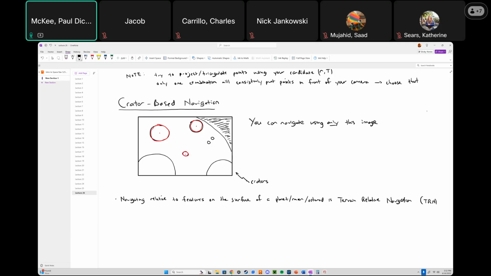This is an area of active research. People are working on this today, right? This is not 10 years old or even 20 years old. This is ongoing. We don't have this problem all the way solved yet. So terrain features can be identified for global pose, which is what I was talking about a second ago.